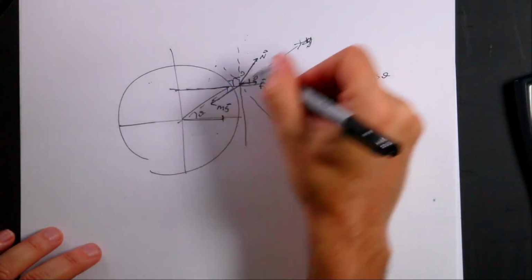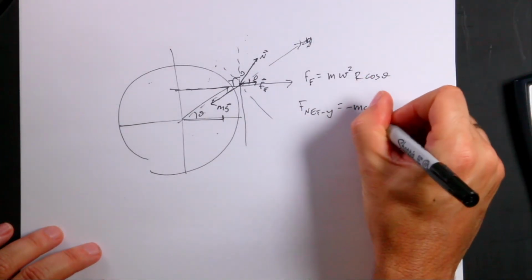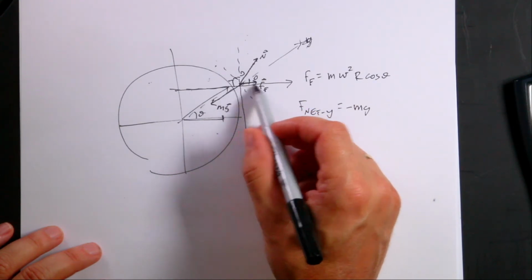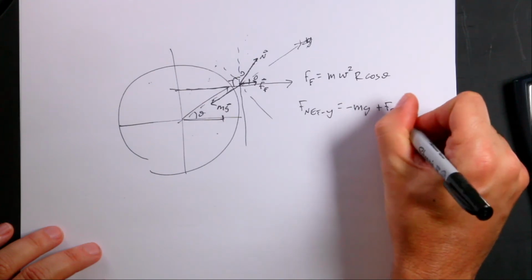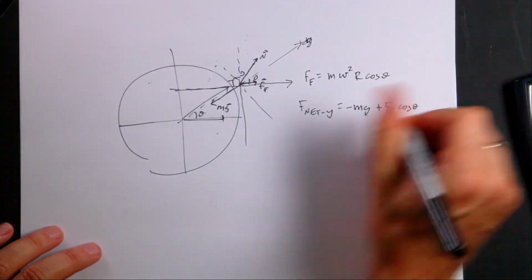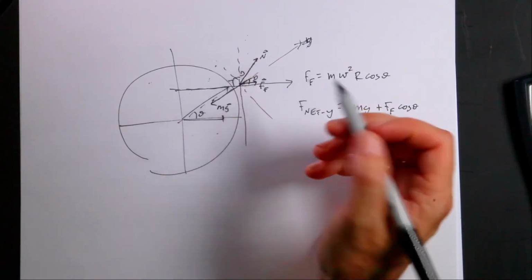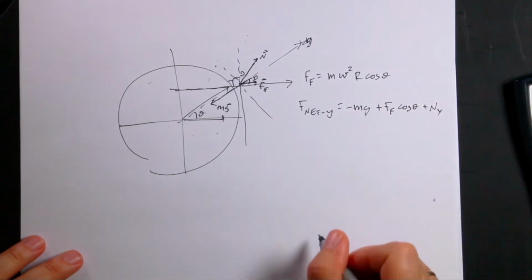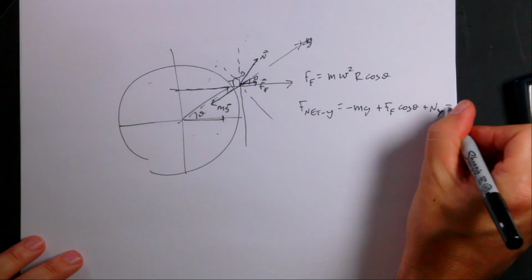Let's call this Y. Okay, so F net Y is going to be equal to minus mg, and then I have a component of the fake force, which is going to be plus the fake force times cosine of theta, right? Because that's that component. And then I have to get the component of this. Let's just say ny, because I don't know what that is. And that equals 0.